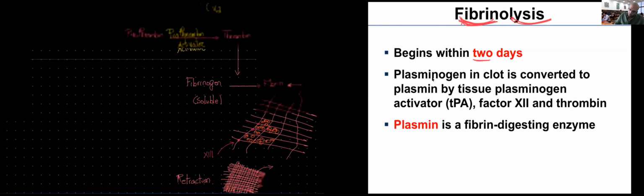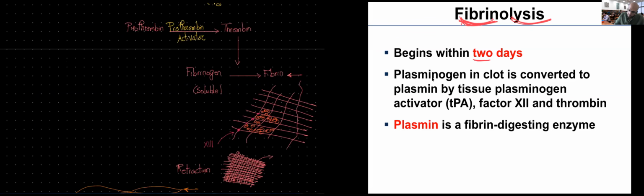How do I break down the blood clot? I'm using an enzyme called plasmin. Plasmin is normally present in my circulation in an inactive form called plasminogen.